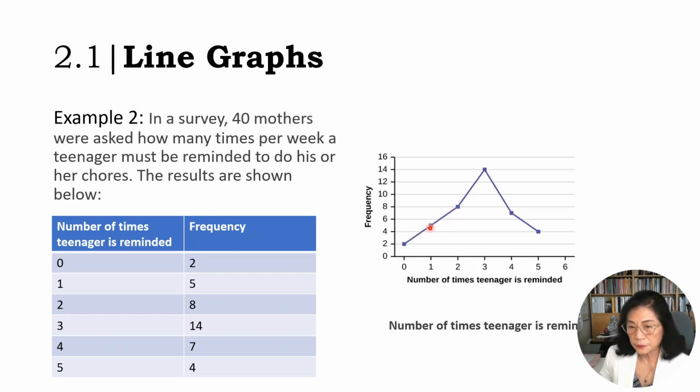Then connect from this point to the next one. Then we're done. We just presented the information of this survey using the line graph. So let's move on to the next one.